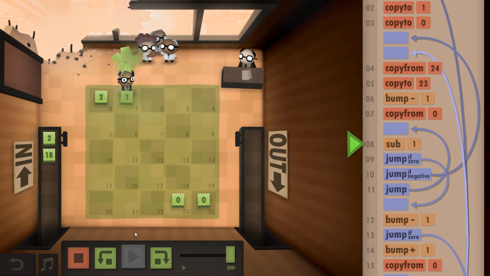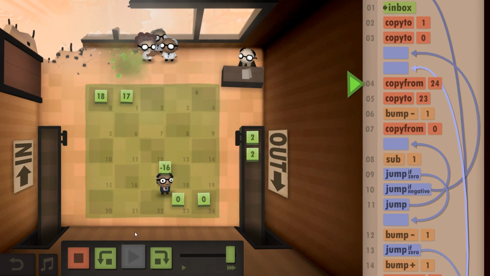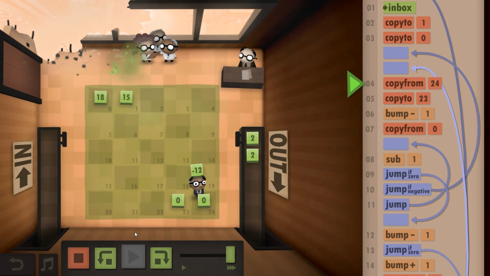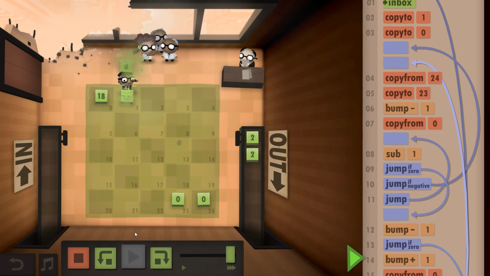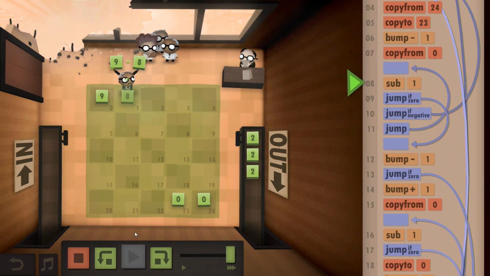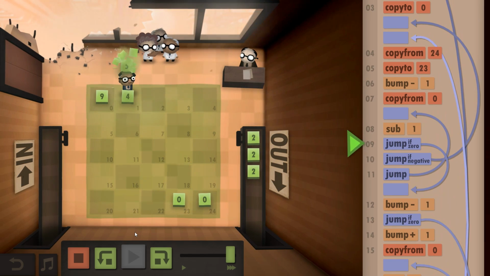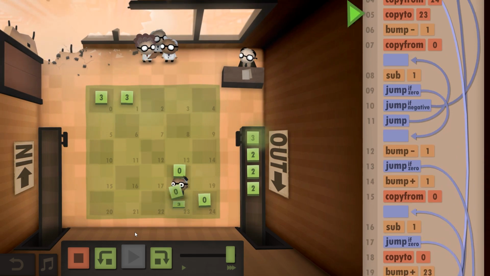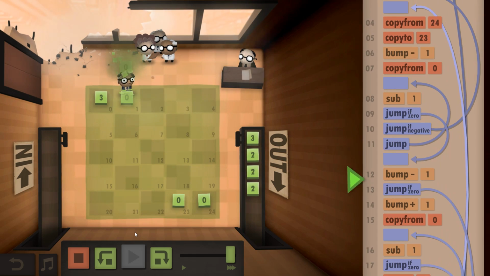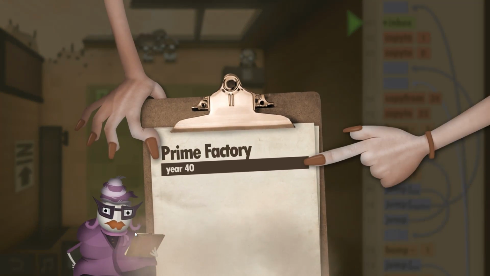Let's just let it run. I think it might do it, because it always gets there anyway. I don't think there's a case where I need to reset in another spot here. Maybe there is, I don't know. Three is the goal here. Yes, there it is. 9 by 3 is 3. 3 is prime. Yes!